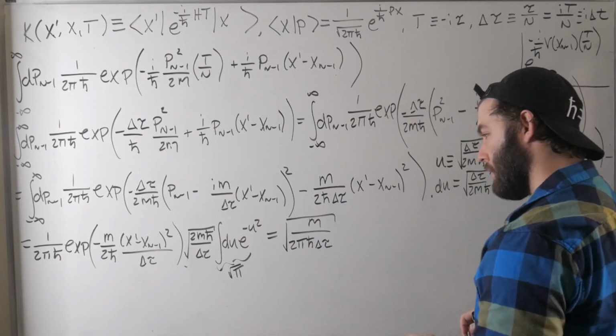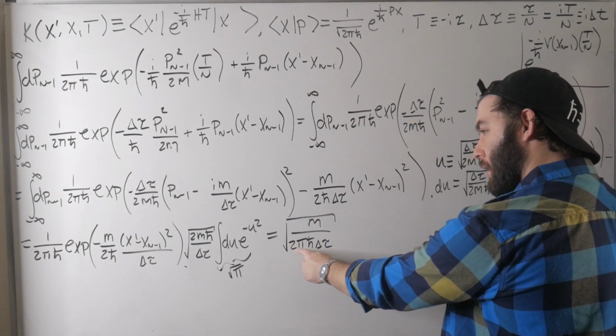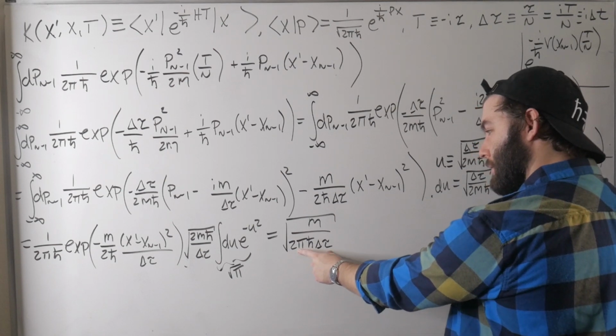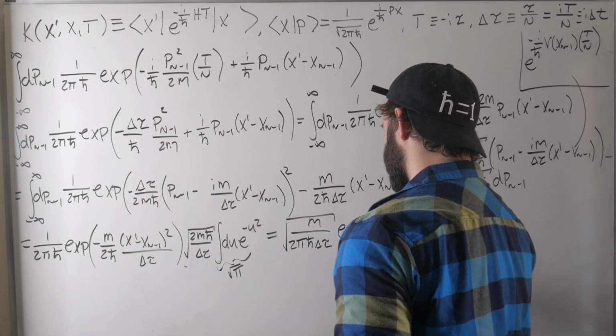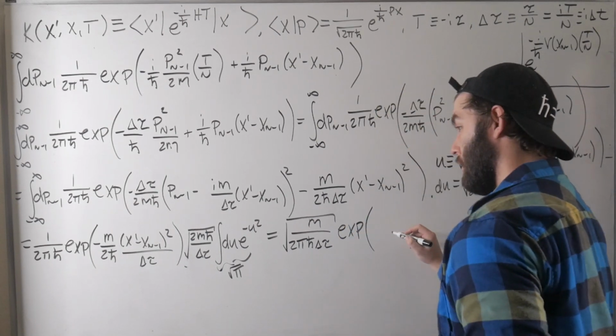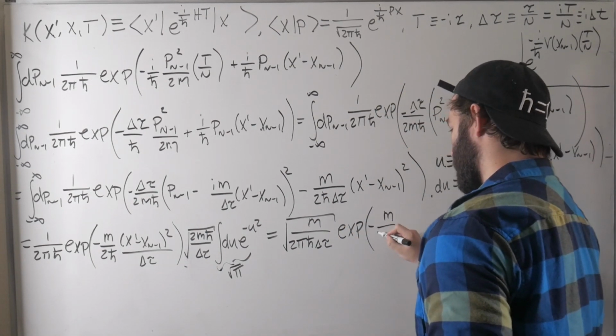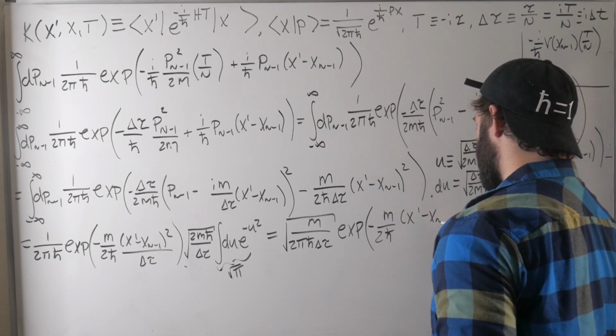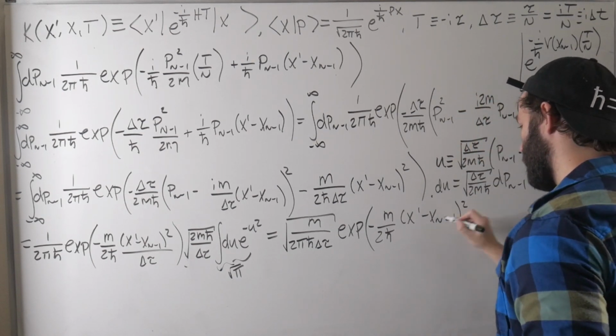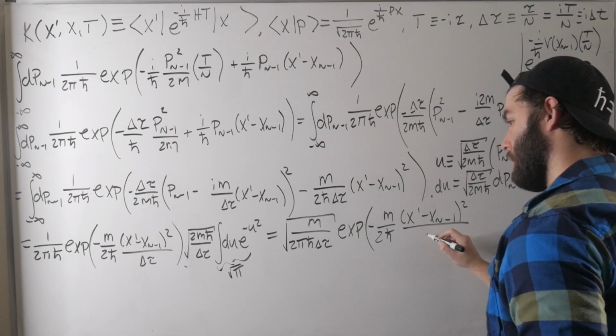Is that correct? So we get the pi that goes in the denominator, the h bar, looks good to me. And then we have the exponential, minus m over 2 h bar, x prime minus x sub n minus 1 squared over delta tau.